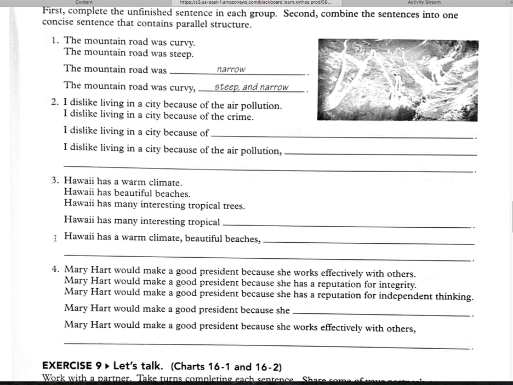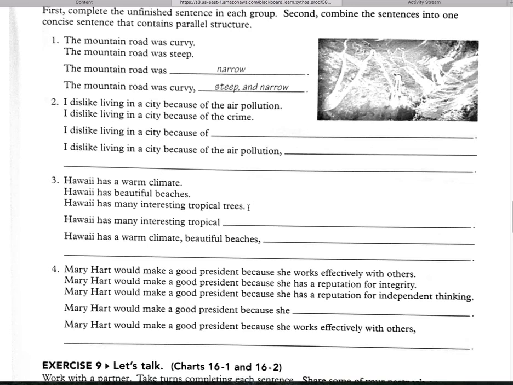Let me go over that again, I'm sorry. Hawaii has a warm climate, comma, beautiful beaches, comma, interesting tropical trees, optional comma, and tropical flowers or tropical fruits. So once again, Hawaii has a warm climate. Warm climate, modified noun. Hawaii has beautiful beaches. Beautiful beaches, modified noun. Hawaii has many interesting tropical trees.